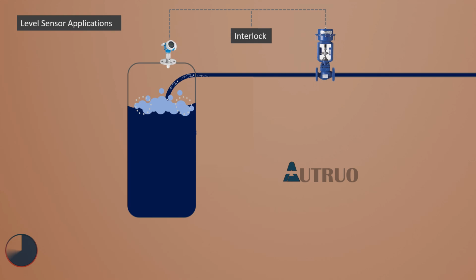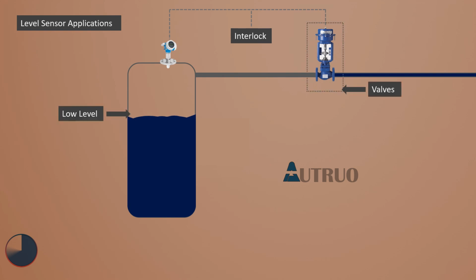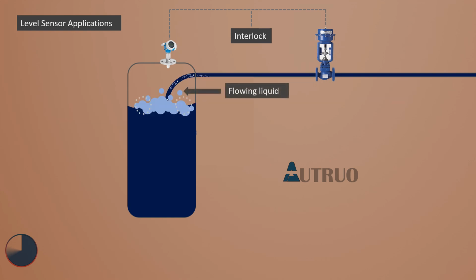That is, when the sensor senses that the level within the tank or container is at maximum, it prevents the valve from opening and as such, there will not be water flow. However, when the liquid drops below a certain set point, the valve will open, thereby allowing fluid flow to the vessel. Overall, this instrument is a critical part of a closed control loop system.